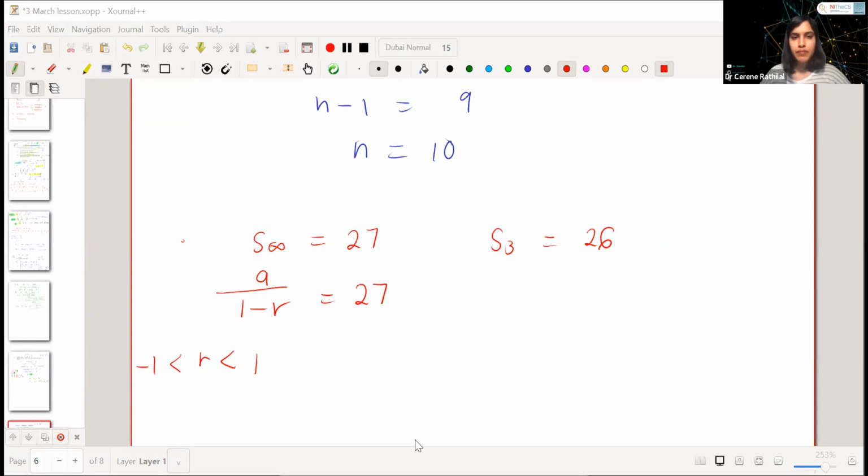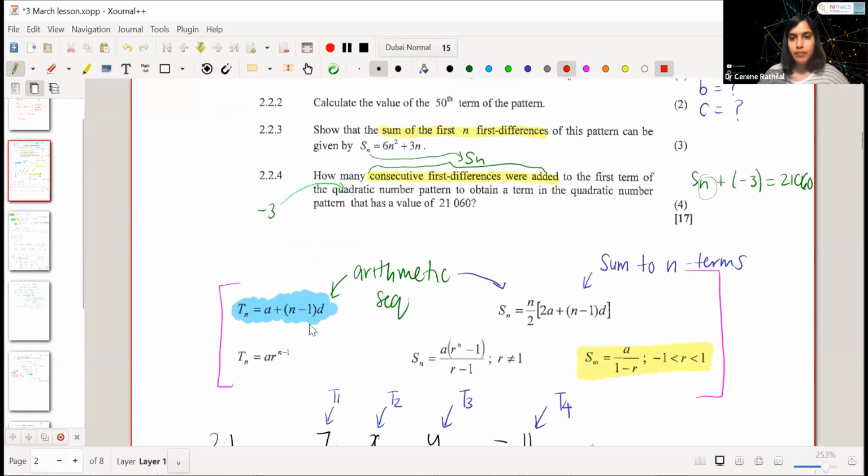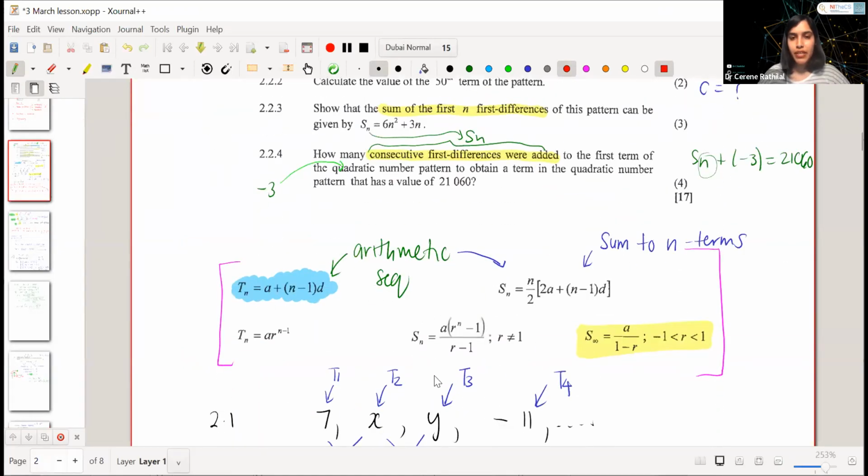You'll remember? This is also in your formula sheet. So how do we write that one down? Let me pull up that formula again. Right, so here is the sum to n terms, because we want S3. So I'm going to use that formula.